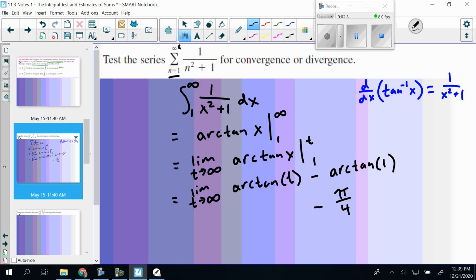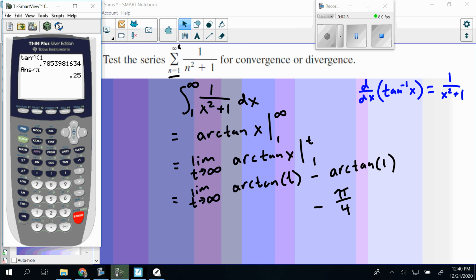All right, what about our other one? Well, what's the limit as t goes to infinity for inverse tangent? We could look at this one by graphing. So let's graph out inverse tangent of x, and make sure you're in radians when you graph this.